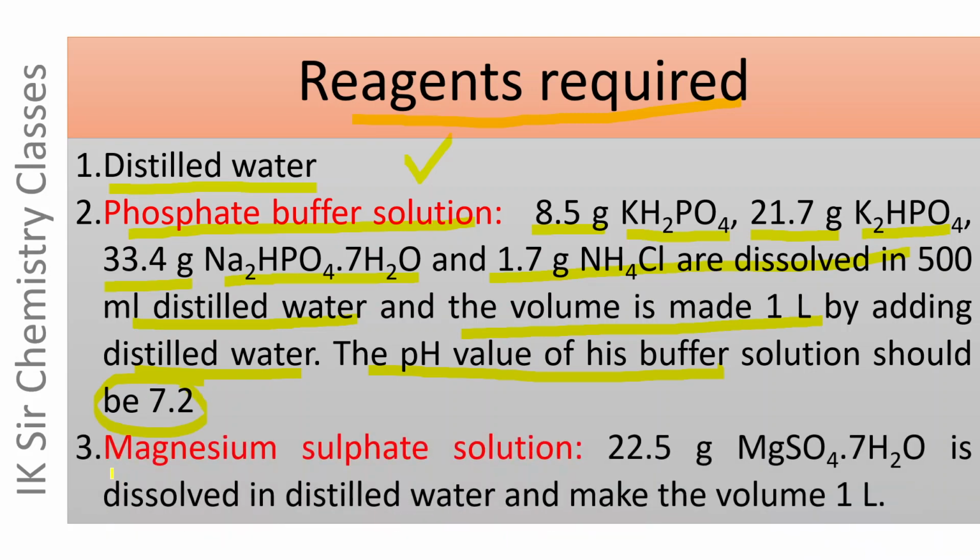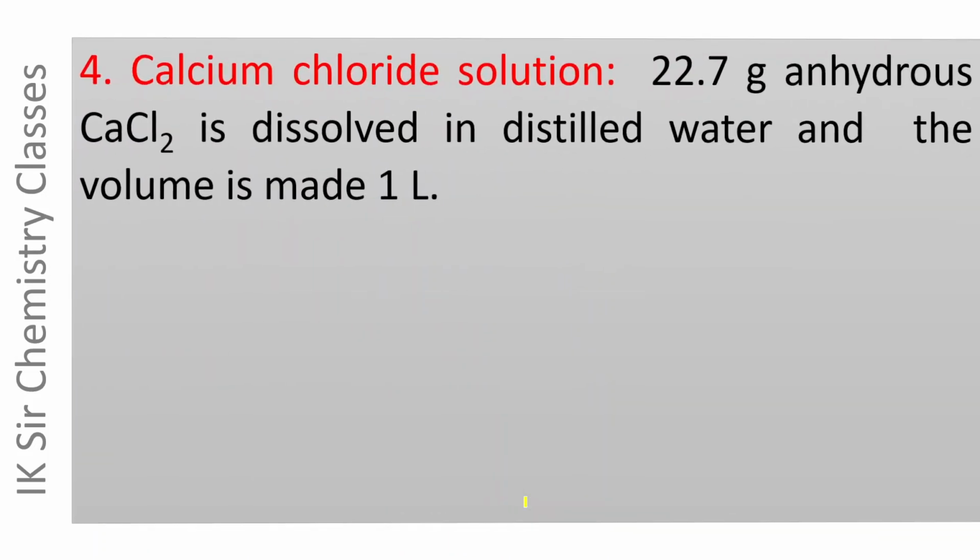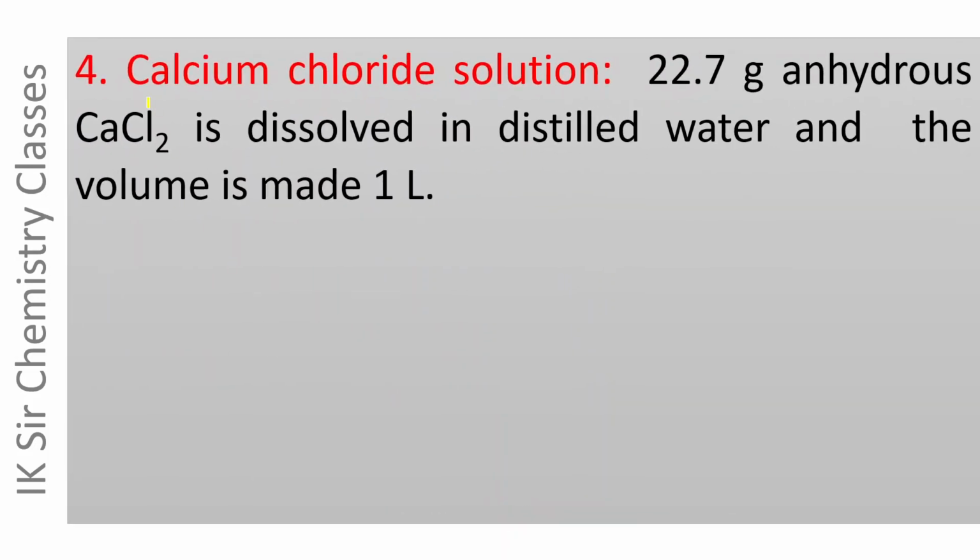Another reagent required for the determination of BOD is magnesium sulfate solution. For its preparation, 22.5 gram magnesium sulfate heptahydrate is dissolved in distilled water and the volume is made 1 liter. Another reagent is calcium chloride solution.